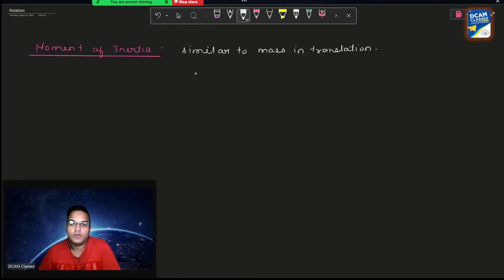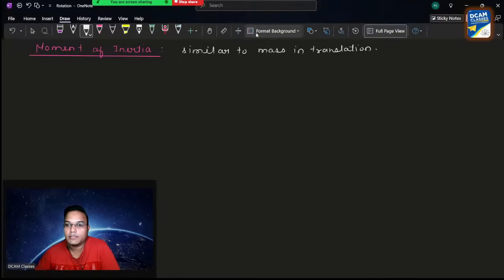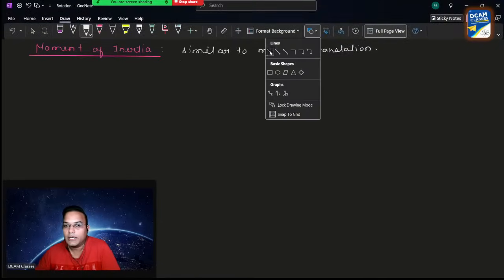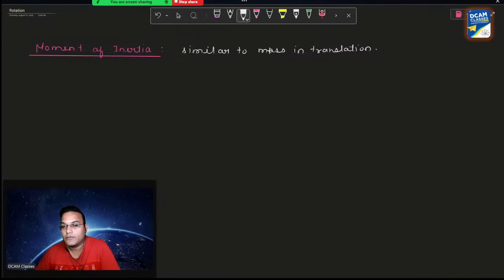Now you need to know how we calculate the moment of inertia. For a body, how is the moment of inertia defined? It's very important actually, moment of inertia calculation. The important thing about moment of inertia is it is always calculated about an axis.